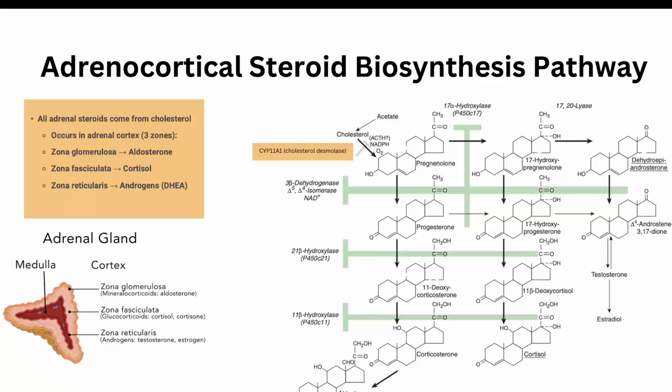The important point in the biosynthesis of adrenocorticosteroids is that cholesterol is the building block for all of them. It is responsible for biosynthesis of aldosterone, cortisol, and also testosterone and estrogen. So if there is no cholesterol, there is no adrenocorticosteroid biosynthesis.